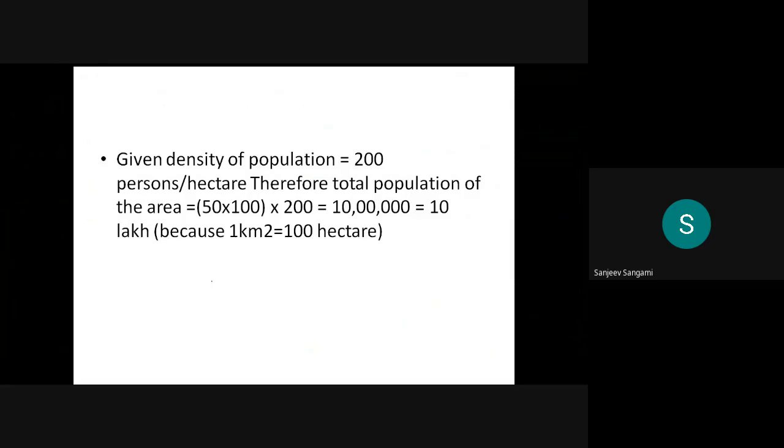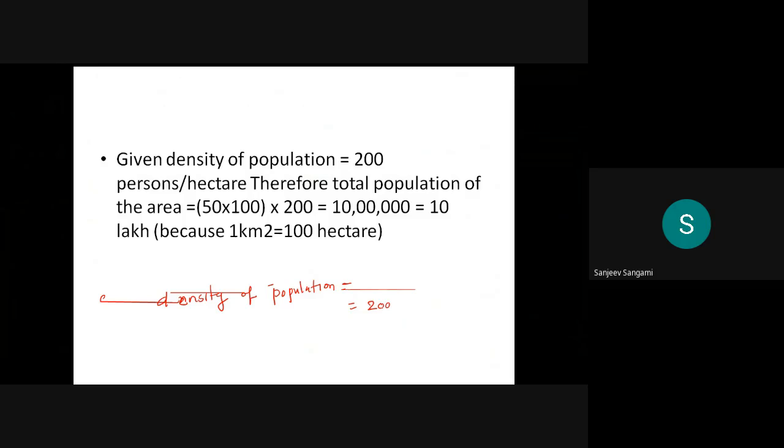First, our duty is to calculate the population from the density of population, which is 200 persons per hectare.